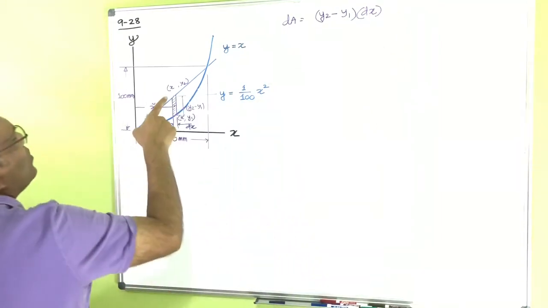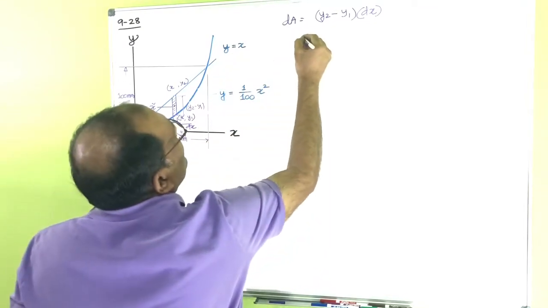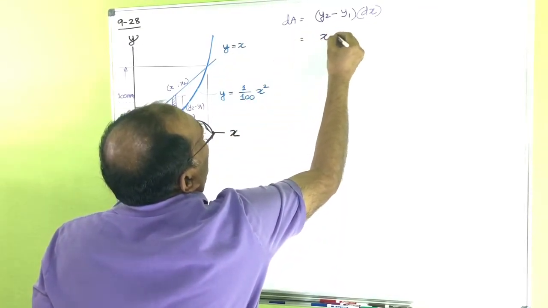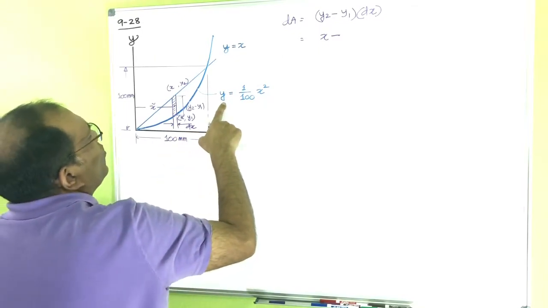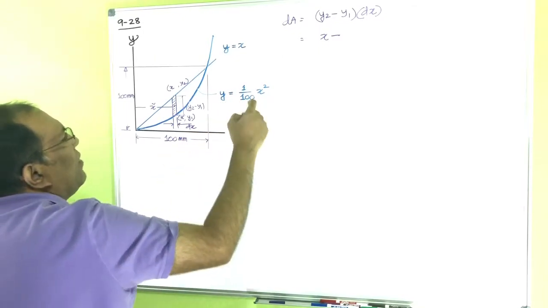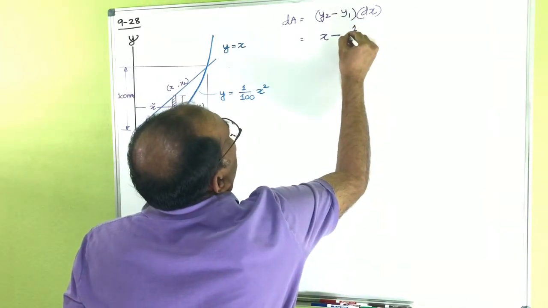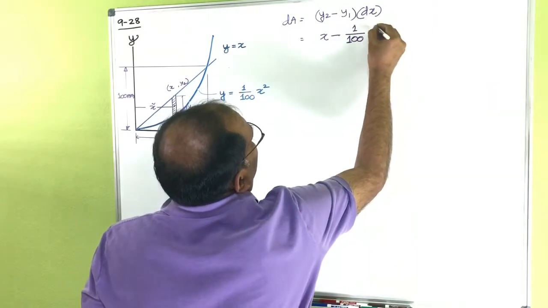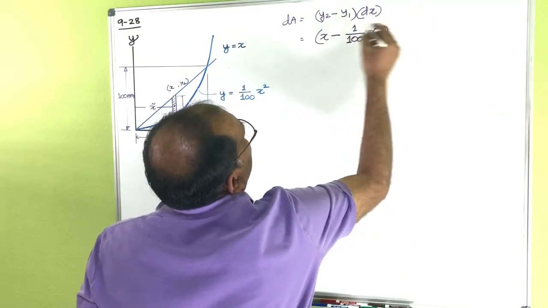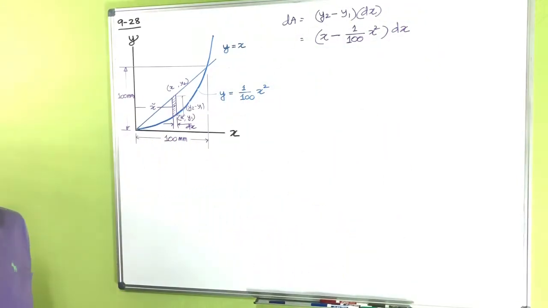Now what is y2? You can see in this equation y is equal to x, minus y1. So y1 is 1/100 of x squared. So that's your dA.